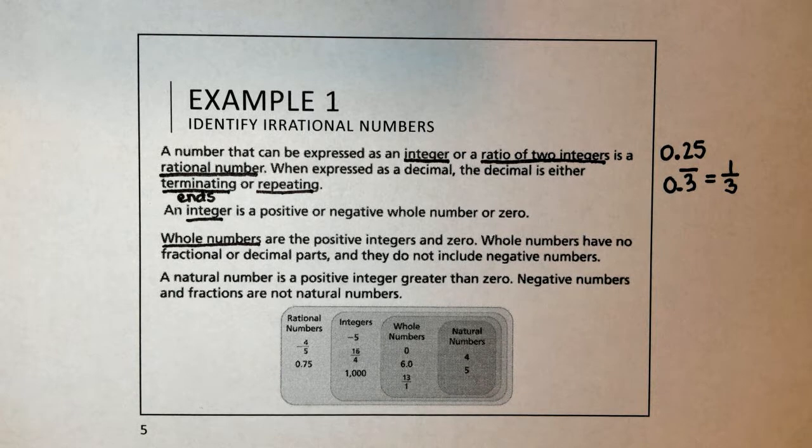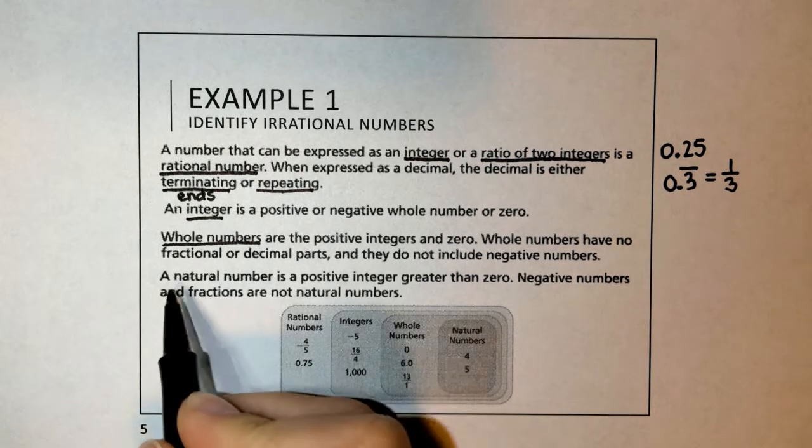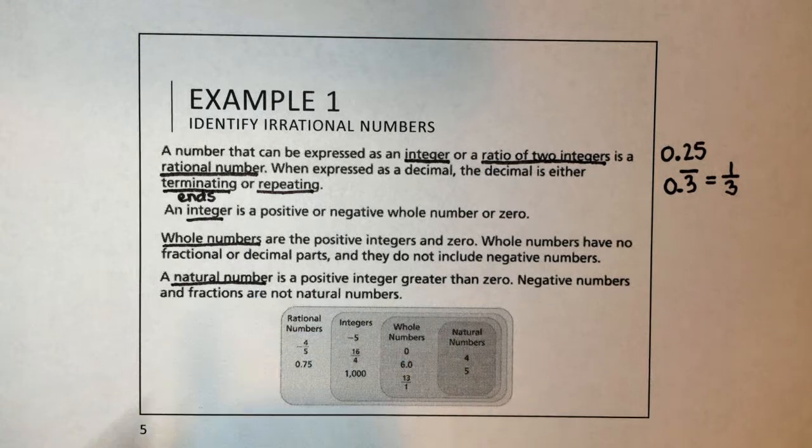Whole numbers have no fractional or decimal parts, and they do not include negative numbers. So you won't see fractions or decimals when we talk about whole numbers. A natural number is a positive integer greater than 0, and negative numbers and fractions are not natural numbers. So your natural numbers are whole numbers except for 0: 1, 2, 3, 4, and so forth.